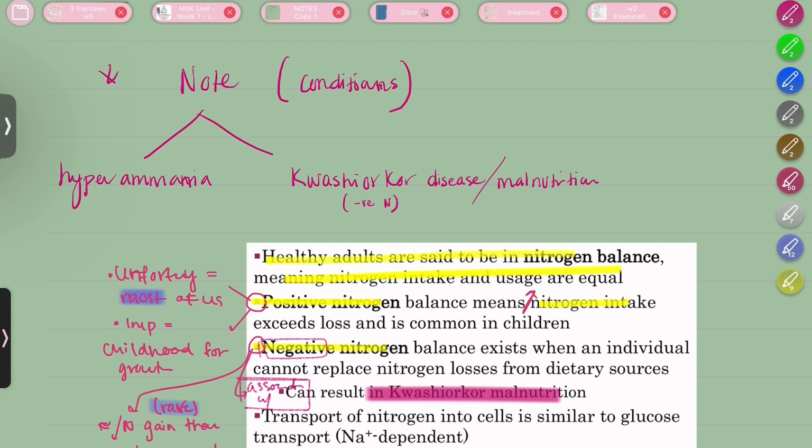So, in short, it's an imbalance between the nitrogen taken in from dietary sources and whatever is lost. Our loss of nitrogen is much more than what is gained through diet, which suggests malnutrition, less nitrogen in our diet or food, and therefore we also excrete nitrogen, which gives us this negative balance of nitrogen.